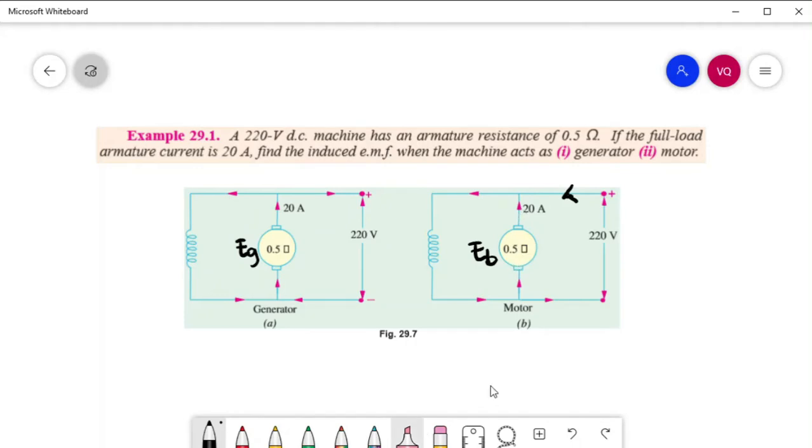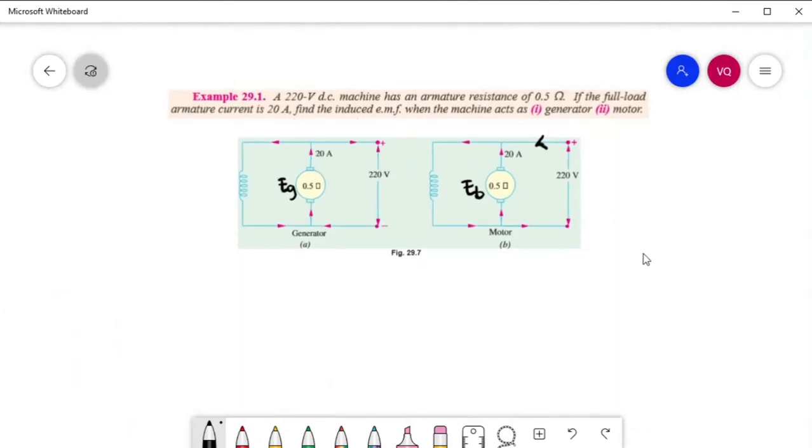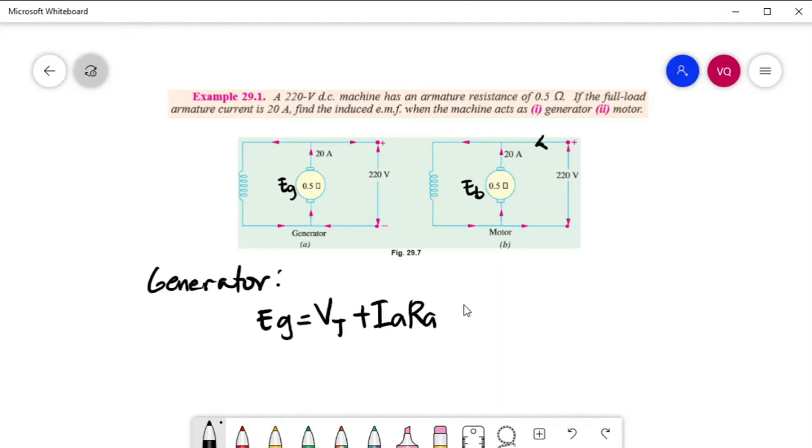So for the generator, we have EG equal to the terminal voltage plus the drop IA RA, equal to 220 plus IA, which is 20, times 0.5. So that is equal to 230 volts.